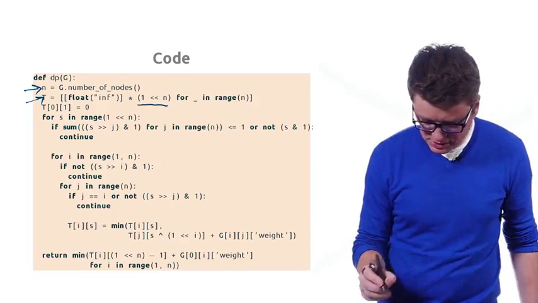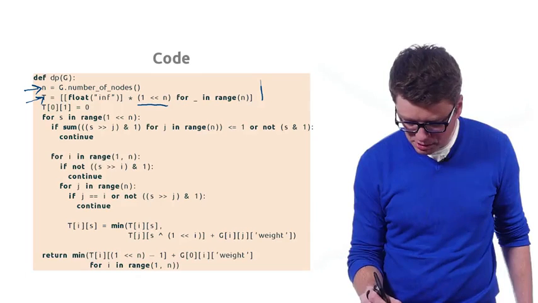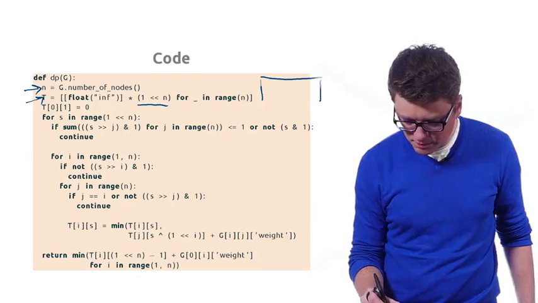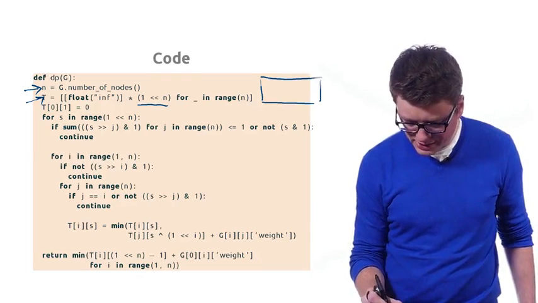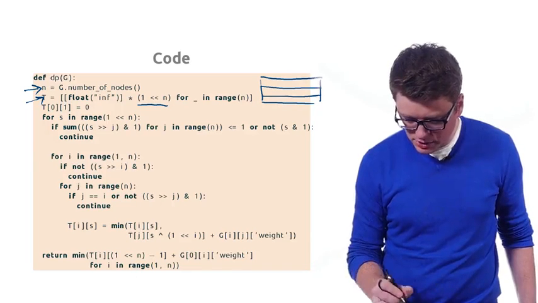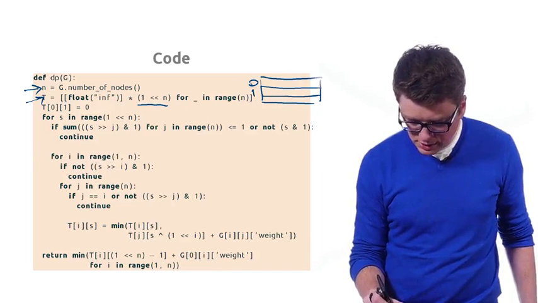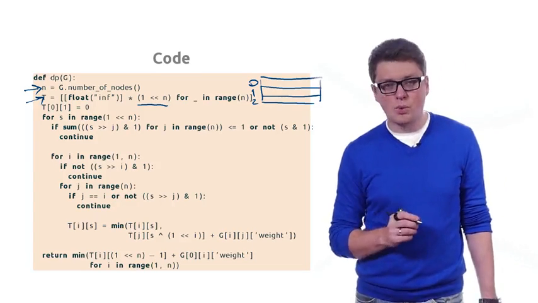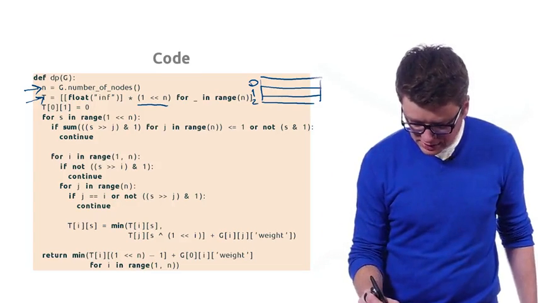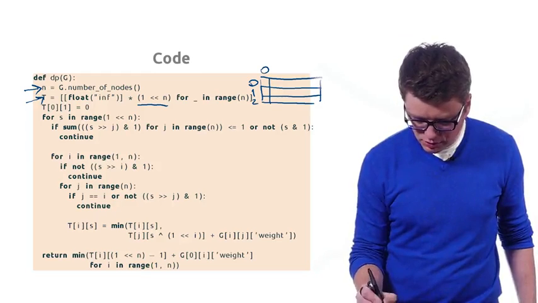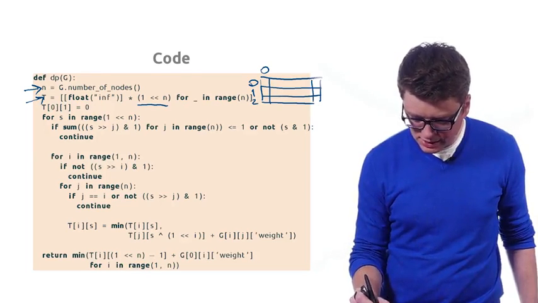So what happens in this line is that we create a table like this. For example, for n equal to 3, its rows are indexed with 0, 1 and 2. Its columns are indexed with numbers starting from 0 and ending with 7.